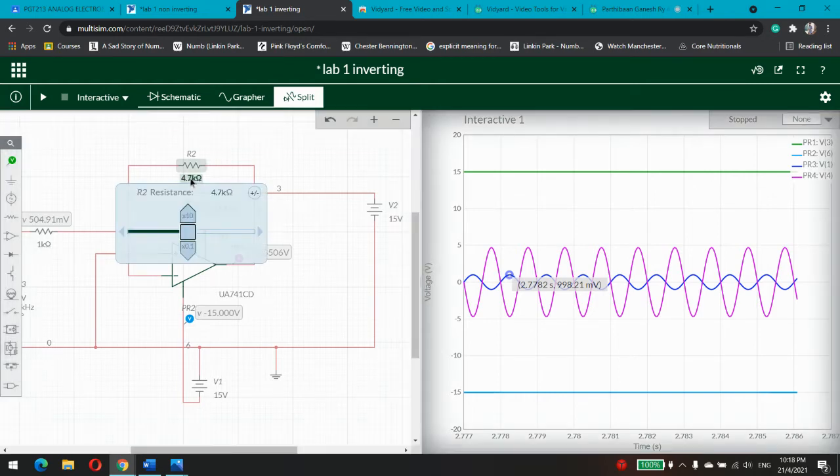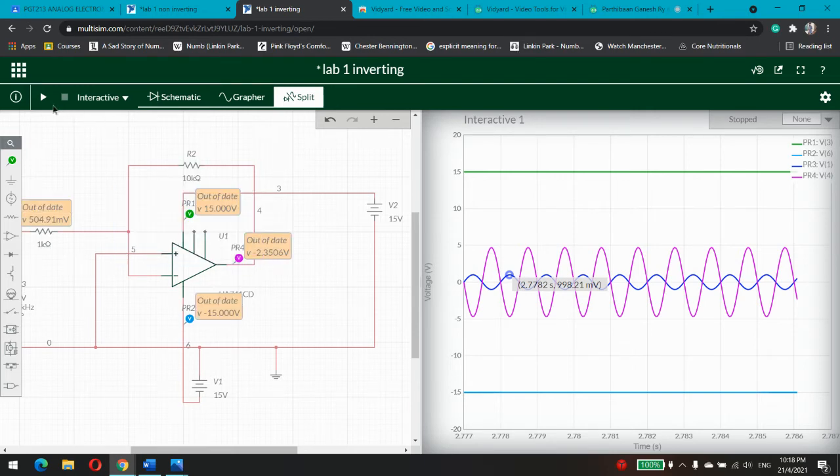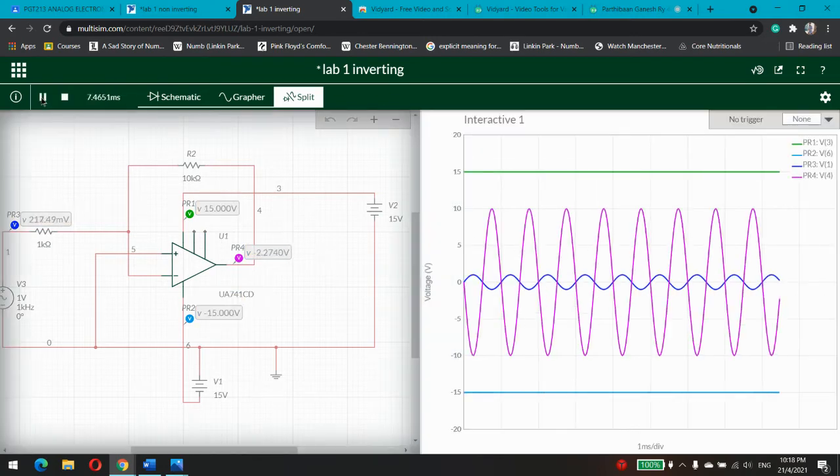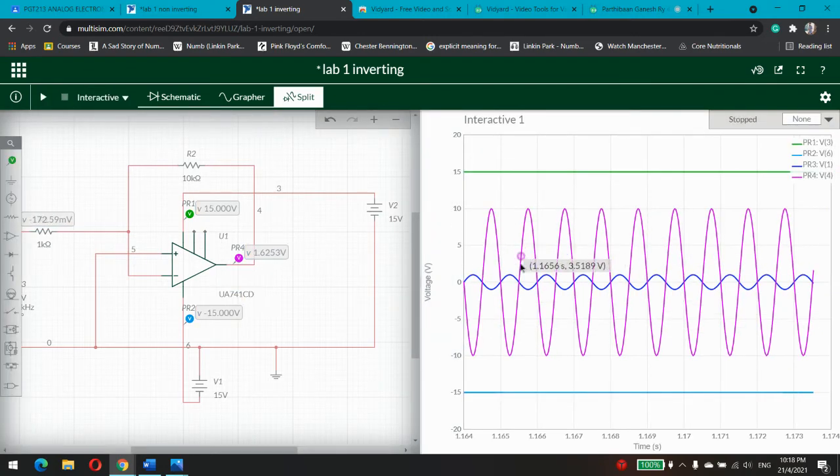Now we must change this. 4.7, right? So now we do 10k. We run it, and you can see the graph, with the maximum and minimum values.